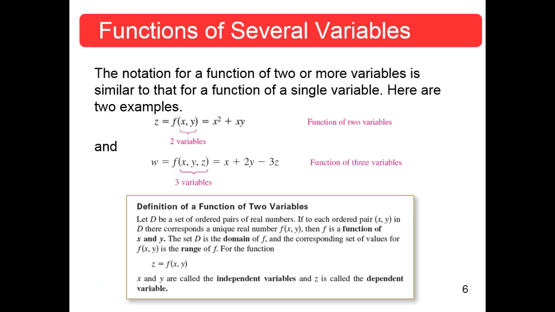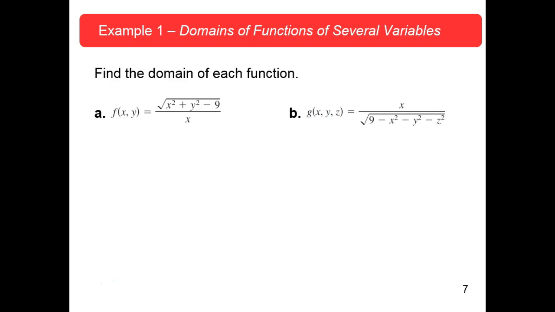The trouble is, you could have a whole string of independent variables and one dependent. So, it says find the domain of each of these functions. Here f is a function of xy. So what is the domain of each of these functions? Well, let's do the A one first.